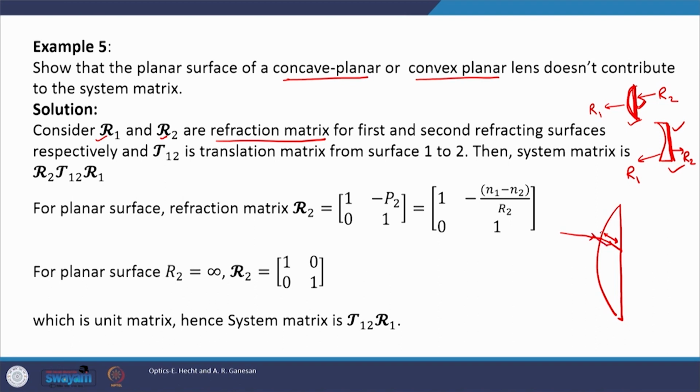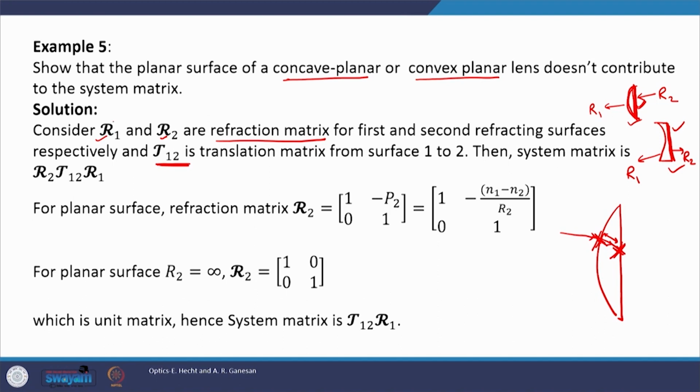Therefore, apart from the two refractions which happen at the two refracting surfaces, there is always a translation involved for a lens, and we will also have to incorporate a translation matrix into our calculation.